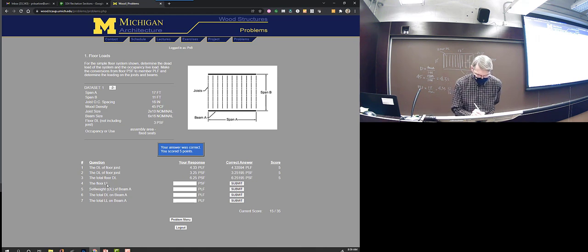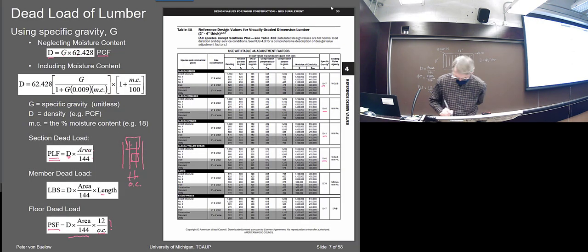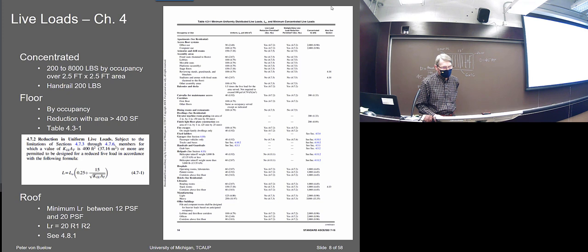The floor live load. Now this one we have to look up. This is the occupancy, and this we didn't quite get into live loads yet. Probably the next slide. This is all dead load, and this goes into live load.